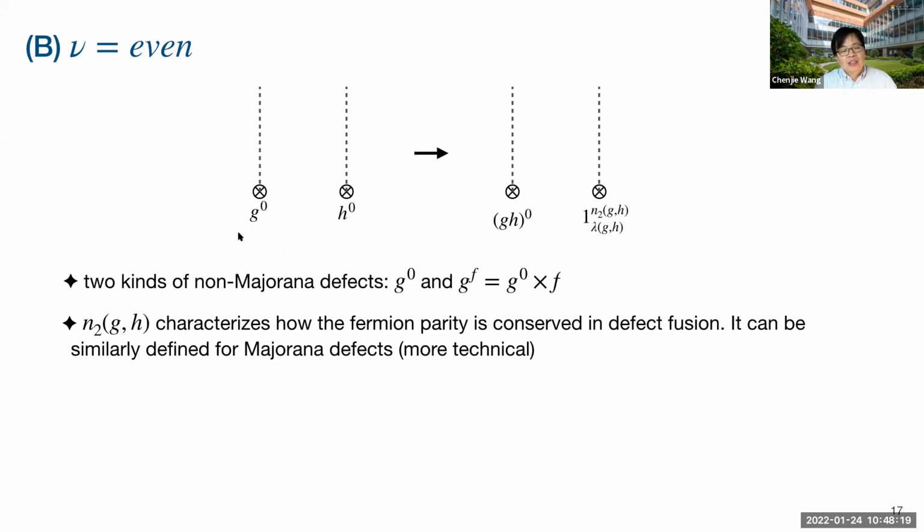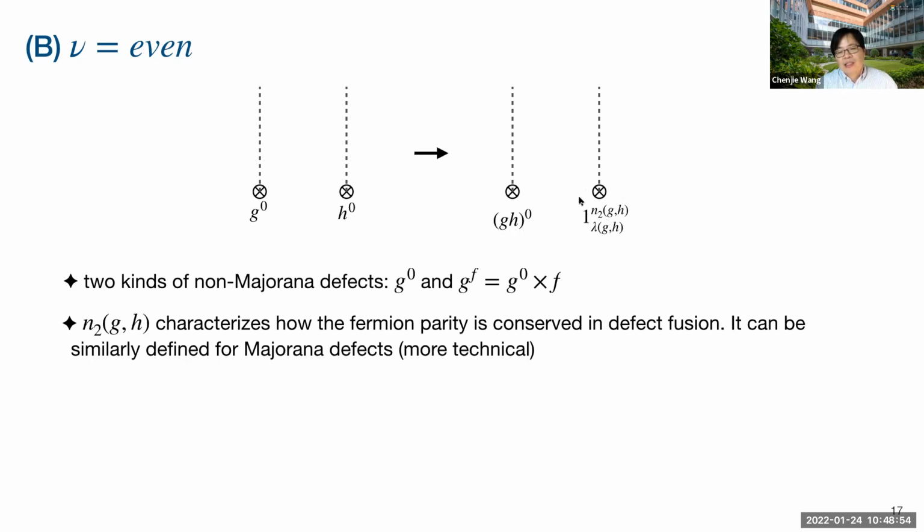Roughly speaking, this tells the fermion parity on a defect. So now in these fermion systems, under fusion of defects, the fermion parity must be conserved. Suppose you fuse a G0 defect and an H0 defect, we must get a GH defect. Of course, in general, we should put lambda here, but let me split them out separately, to be clear about what this N2 actually is.